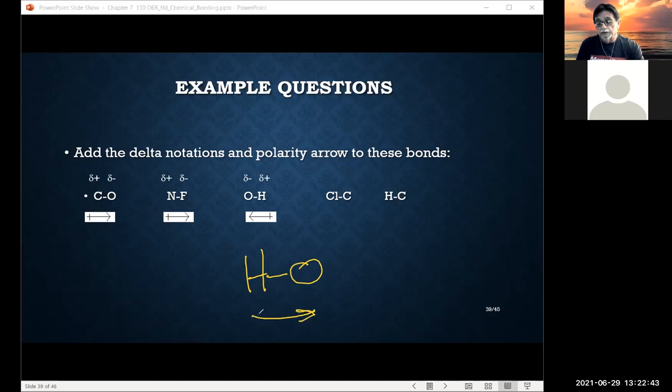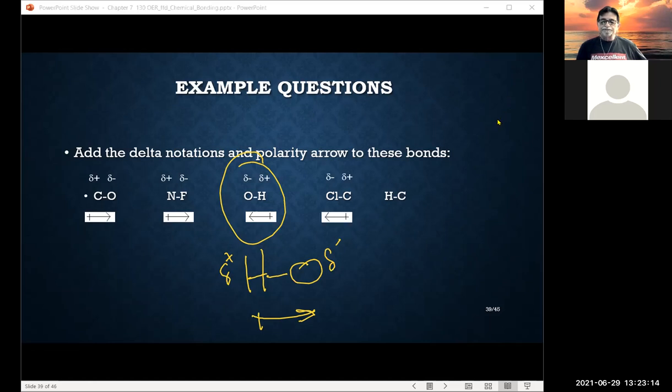We draw the arrow to oxygen, with the partial negative on the oxygen and the partial positive on the hydrogen. That's the same as this. Just take this image and flip it over and you get the same thing. So be aware of how they wrote it for the assignment, and that way it assures you that you're sending the arrow in the right direction.